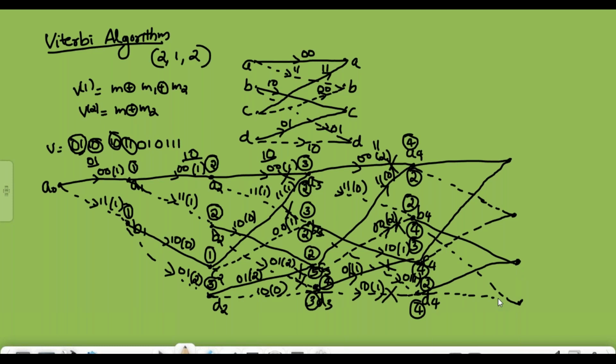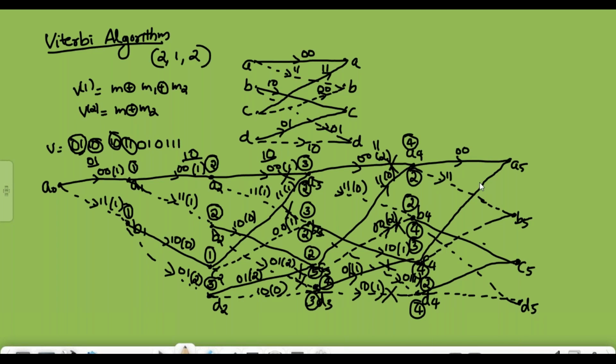Here represent the stage nodes as A5, B5, C5, D5. Then write the output along all the paths: 0 0, 1 1. Then here it is 1 1.